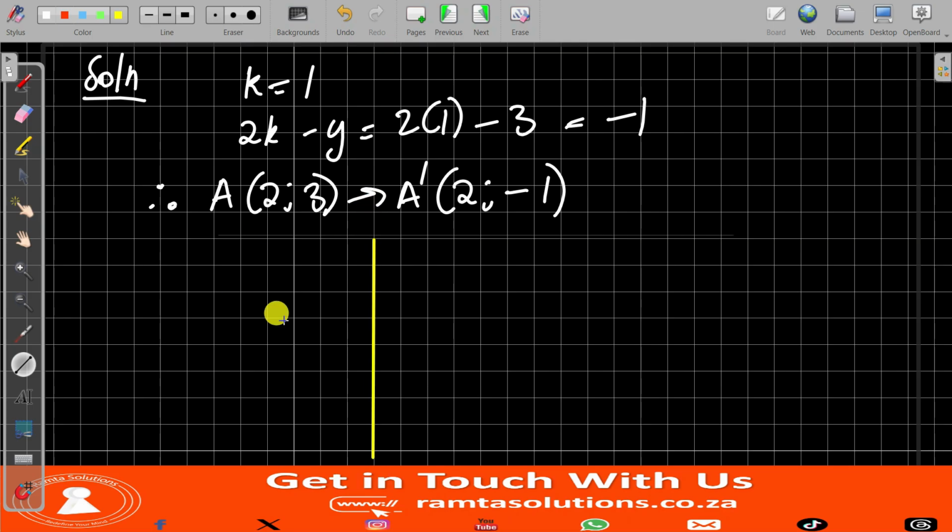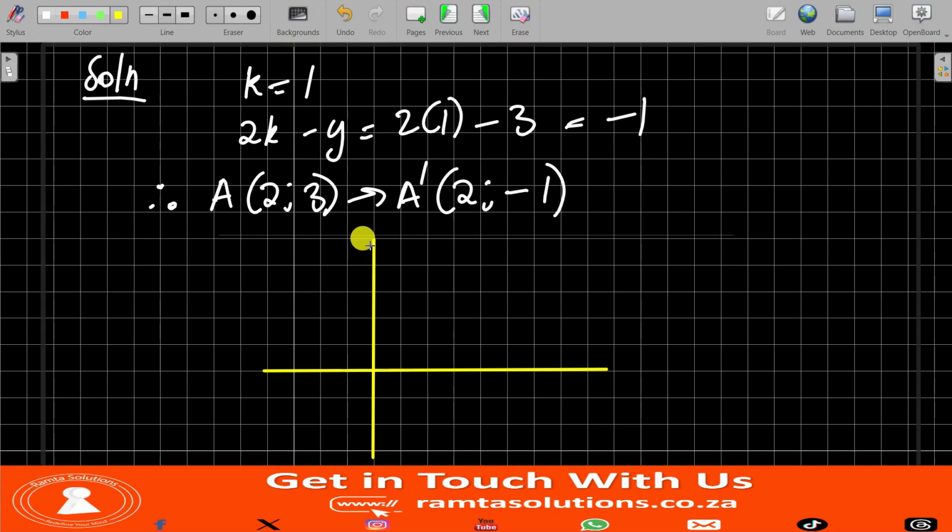So this is the y-axis and the x-axis, 0, then positive 1, 2, 3, 4, 5, and negative 1, 2, 3.